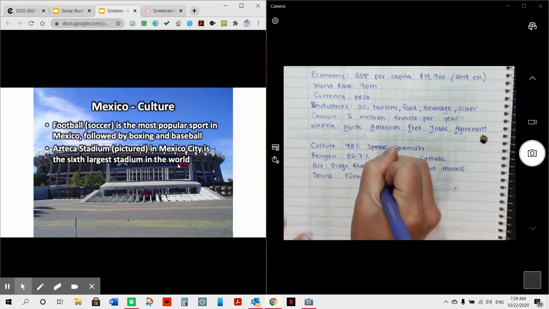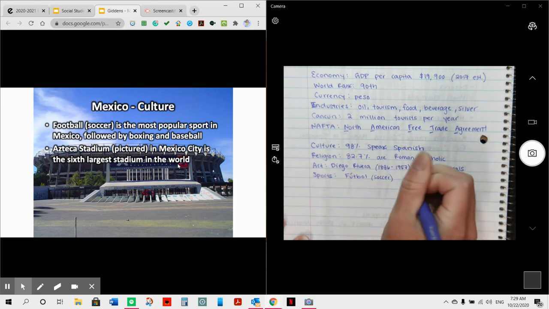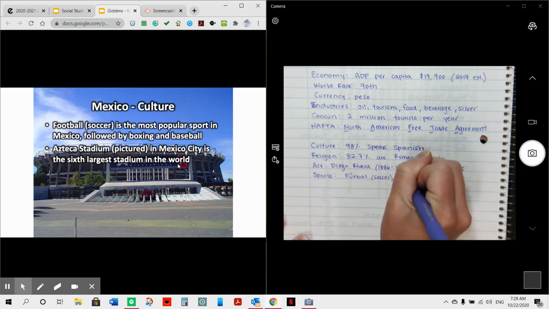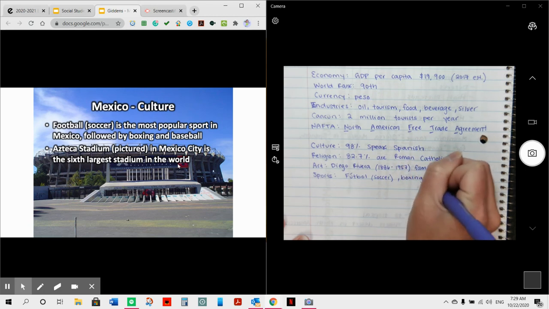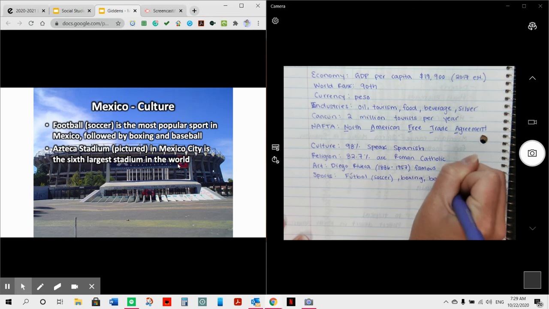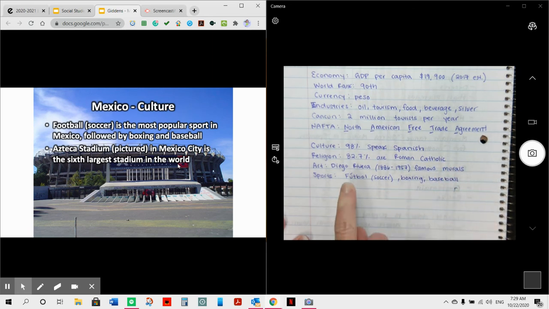In parentheses, we're going to write soccer, that way we know what it is, comma, boxing, comma, baseball. These are the 3 top sports. Very different than ours. Ours are generally football and basketball.